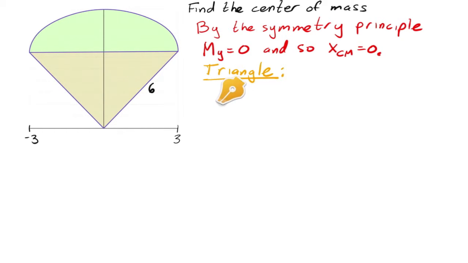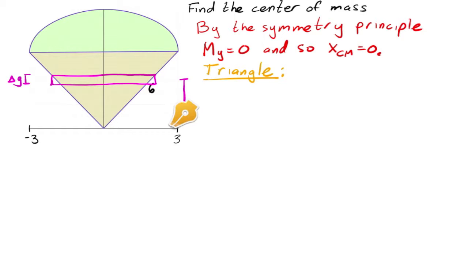So if I draw a little rectangle here, okay, let me label this. So this is going to be delta y, and then here we have the distance from here to here. That's going to be y, and what I'm trying to do is figure out what the area of this rectangle is going to be.